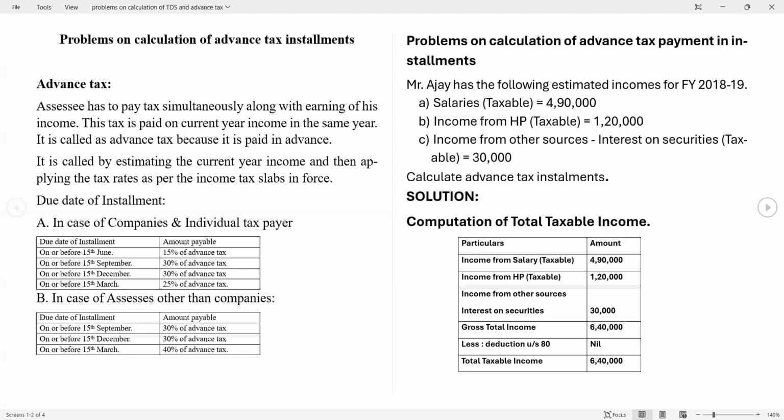We have to pay 25% on this. We get 10,530. All these 4 amounts put together give 42,120. This is what we call the total amount of advance tax payable by an assessee for the given particular year. Students, hope you have understood. If you have any doubts, feel free to ask. Thank you.